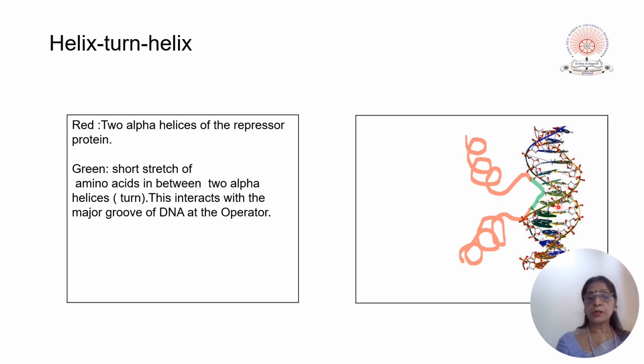And this is the major groove of DNA, and this is the helix-turn-helix motif. This is the interaction between the repressor protein and the major groove of DNA.